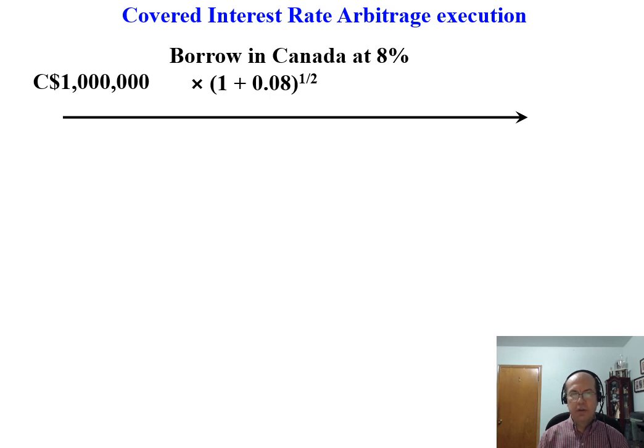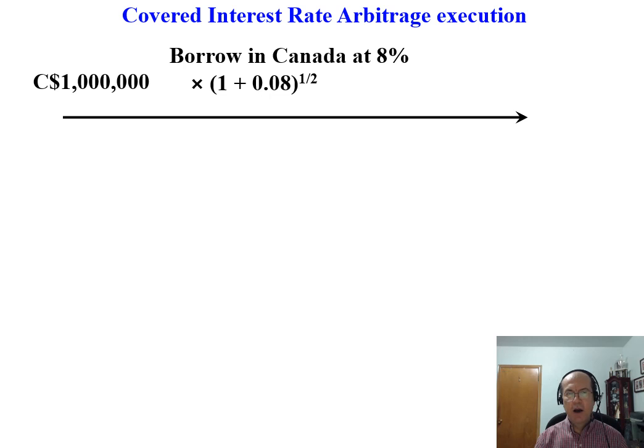Why is it 1 over 2? Because 8% is an annual rate. T should show the number of years because the trader borrows for 6 months, for half of a year. Therefore, T is equal to 1 over 2.